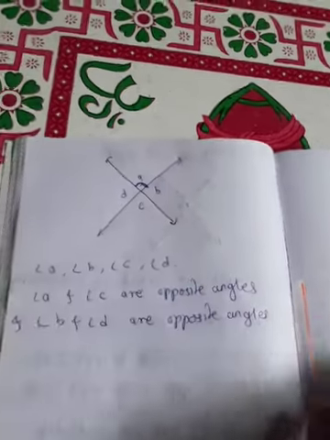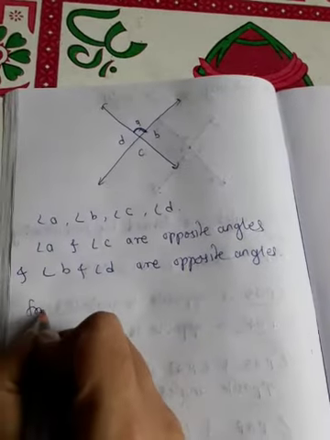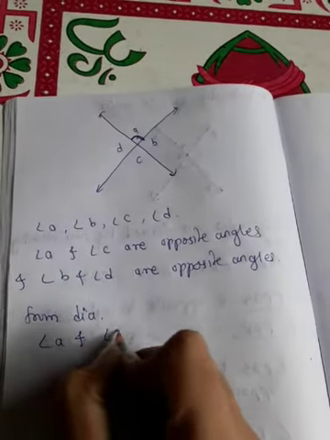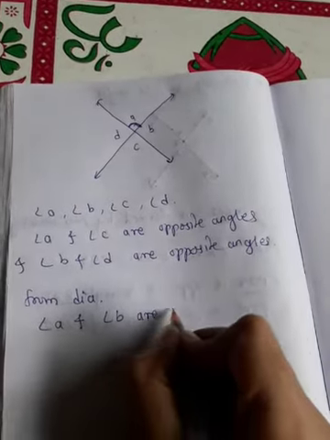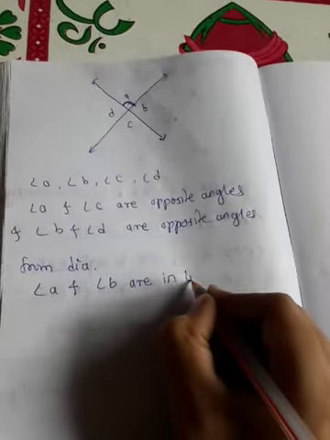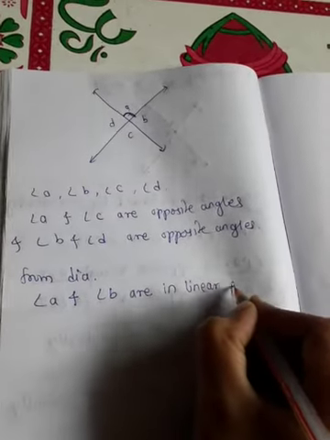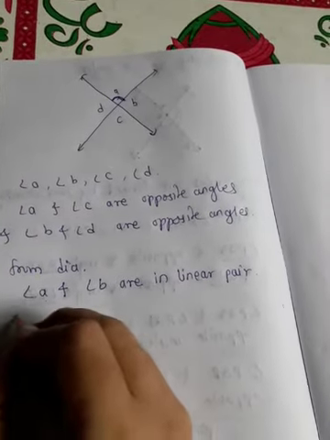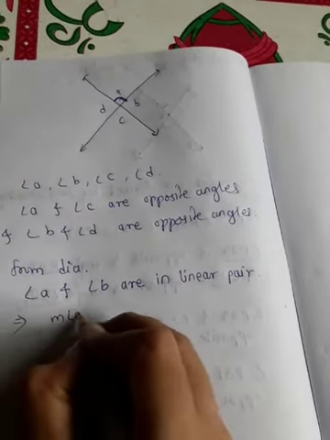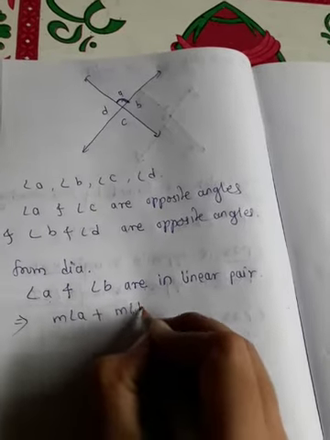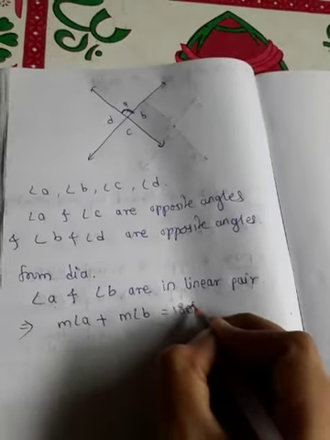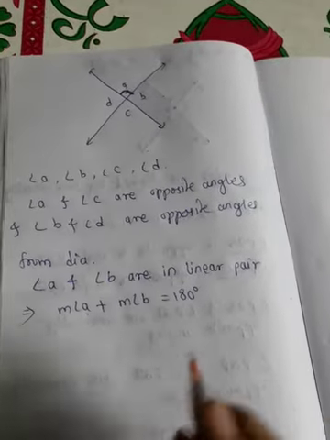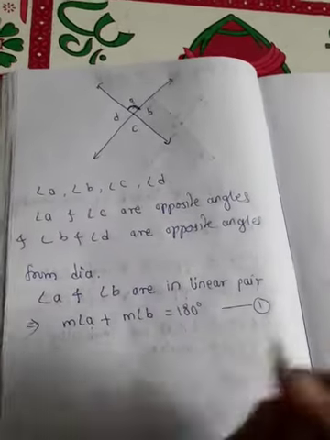So from the diagram, angle A and angle B are in linear pair. We know that if angles are in linear pair, then the sum of their measures is 180 degrees. So here the measure of angle A plus the measure of angle B is 180 degrees. Okay, so we have got one piece of information.